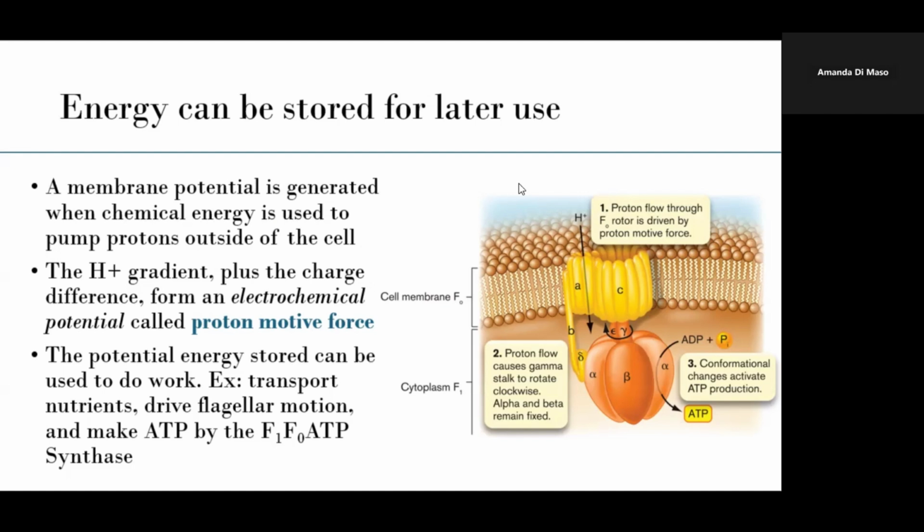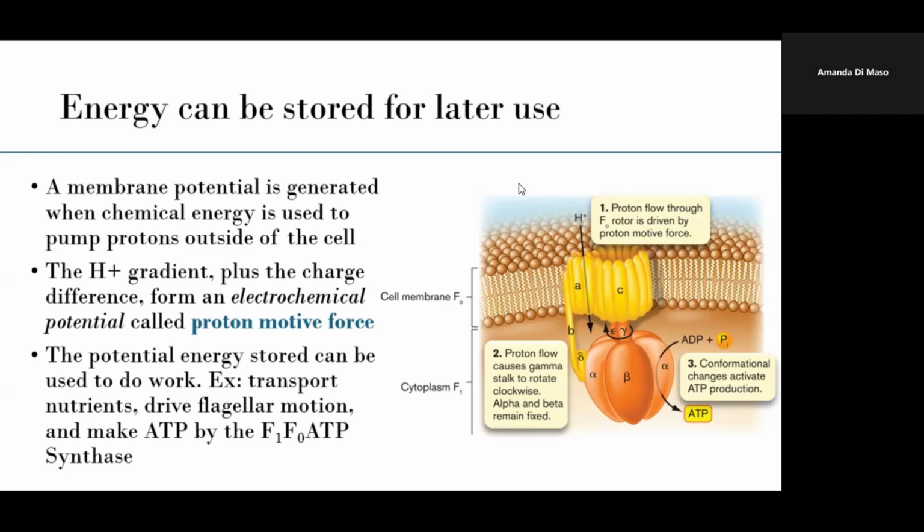There are tons of things in the cell that use proton motive force. Things like the efflux pumps that I studied, a lot of them will actually move the chemicals, the antibiotics, into the enzyme and then spit them out using ATP. Or I'm sorry, using proton motive force, not ATP. We use it to create ATP in the ATP synthase enzyme.